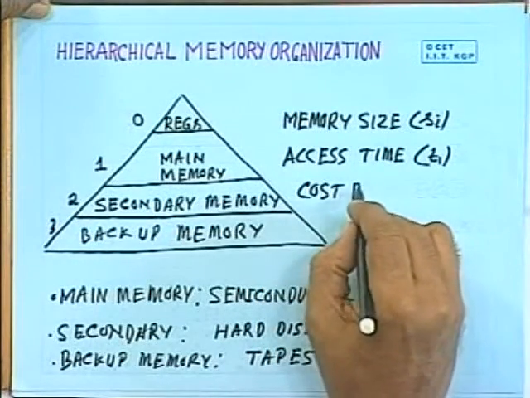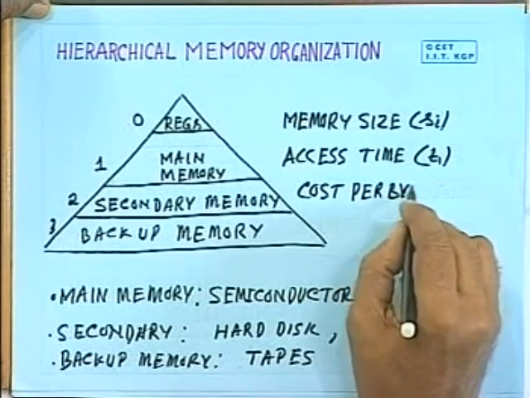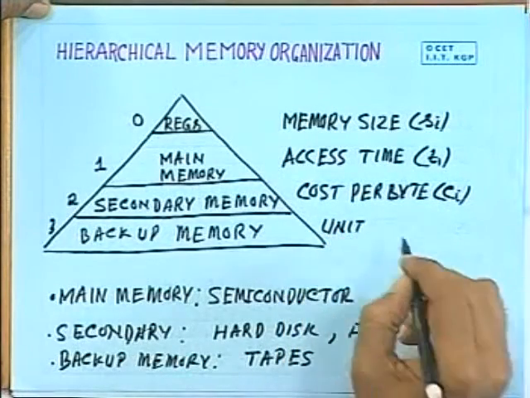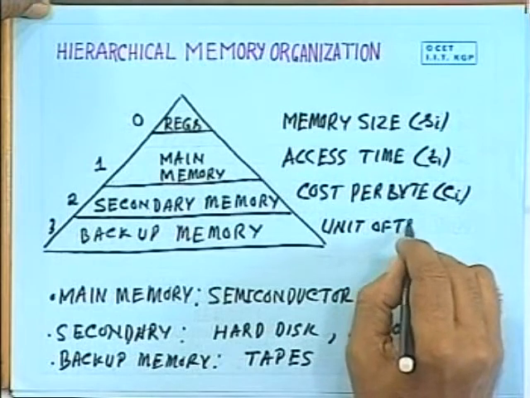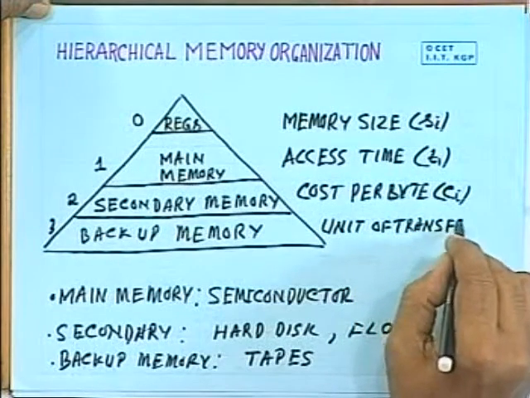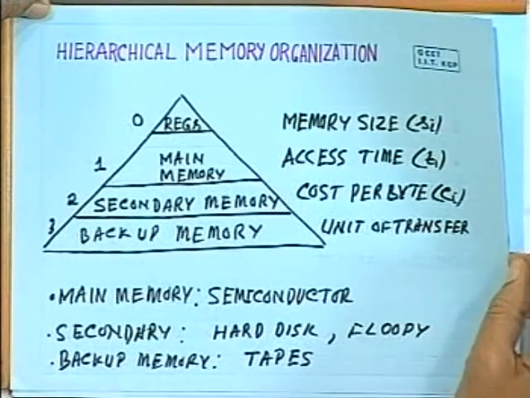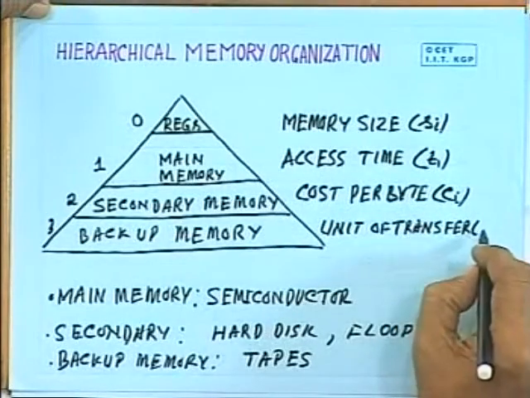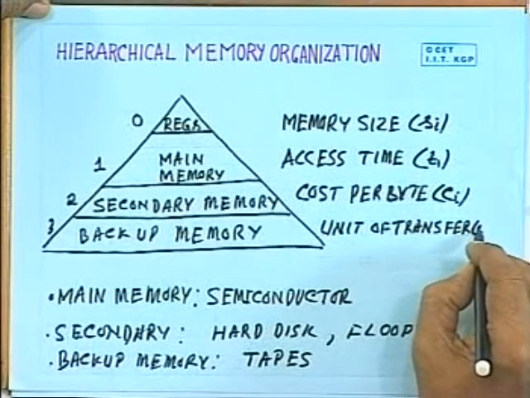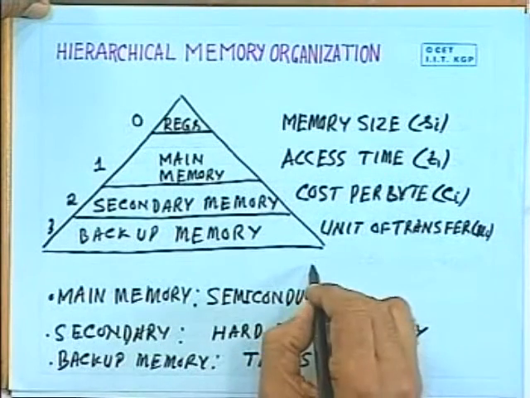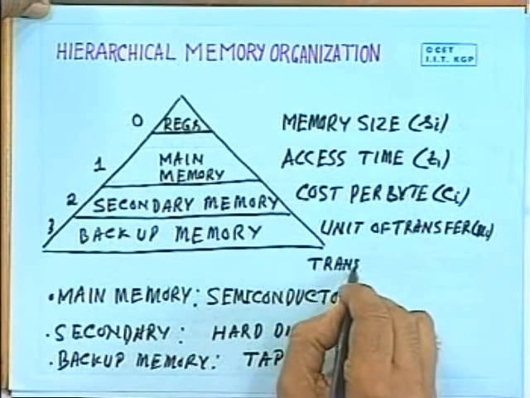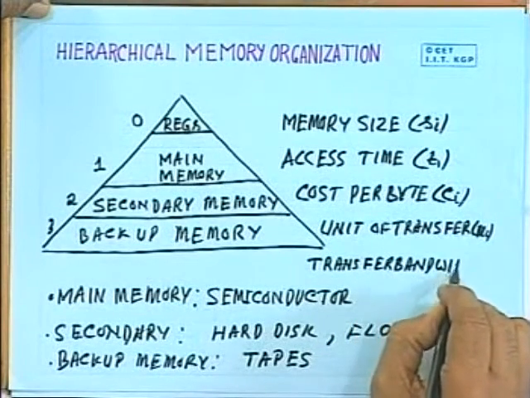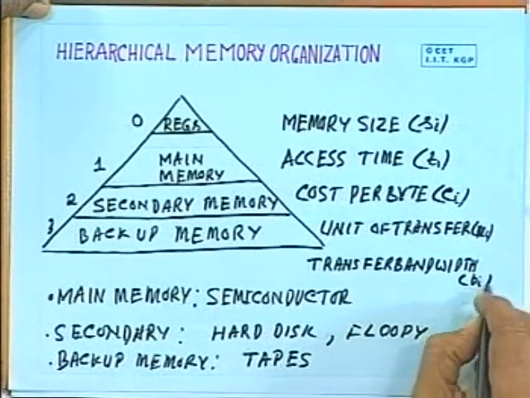Here cost is cost per byte, so CI, then unit of transfer, say MI, and then transfer bandwidth, BI.